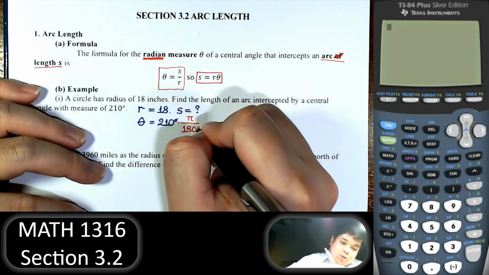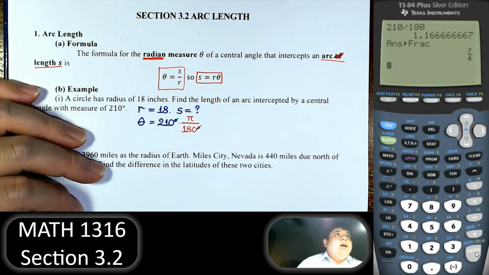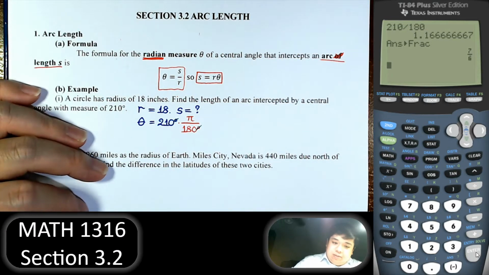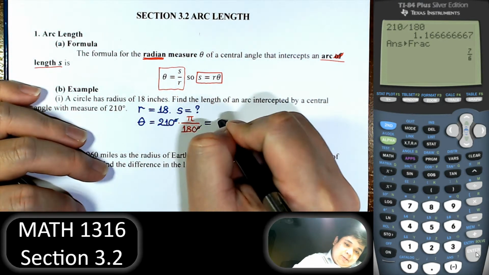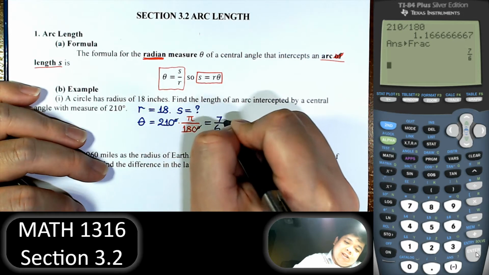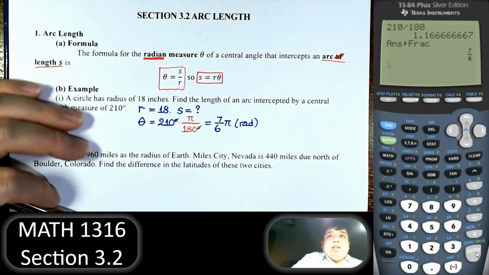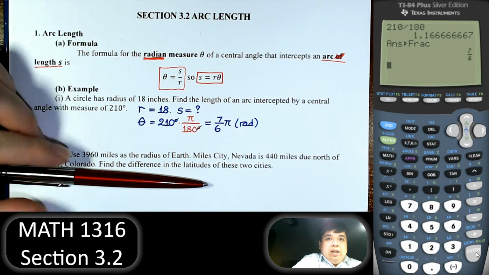Degrees cancel out. 210 divided by 180 is 7/6. The pi is still there, so that is 7 pi/6. That is the angle in radian.